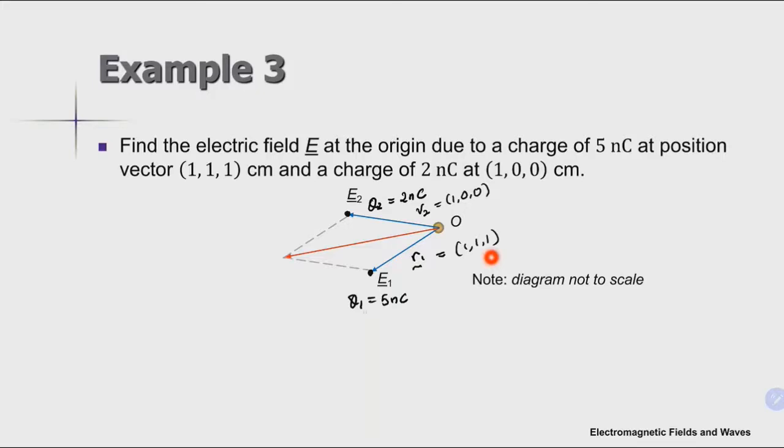So we have one charge Q1, 5 nanocoulombs at a position vector of 1, 1, 1. And then we have one charge Q2, 2 nanocoulombs at position vector 1, 0, 0. And then you're asked to work out what is the electric field at the origin.